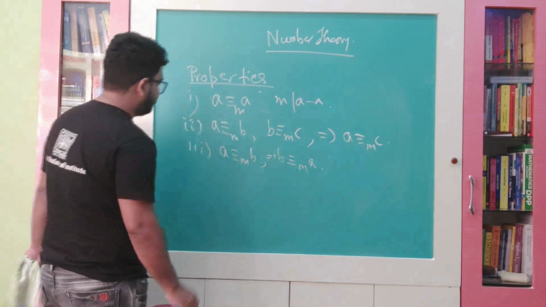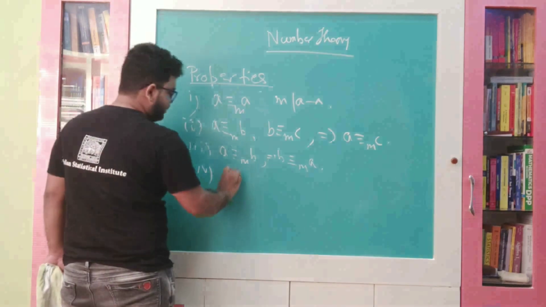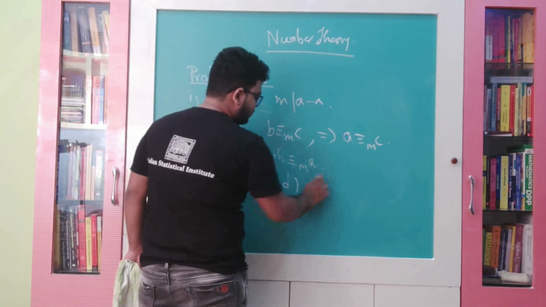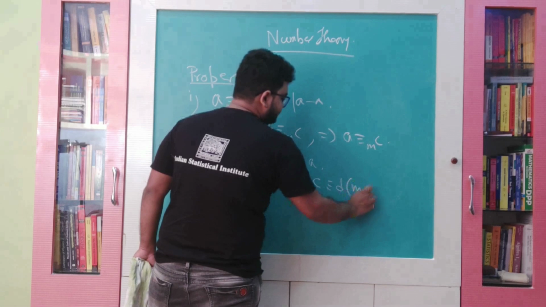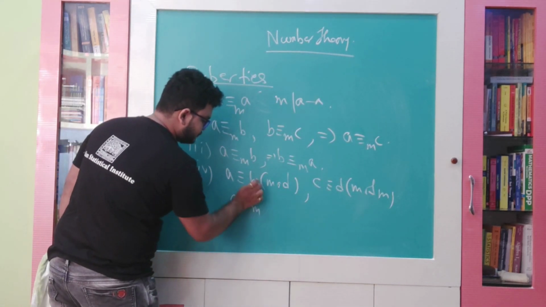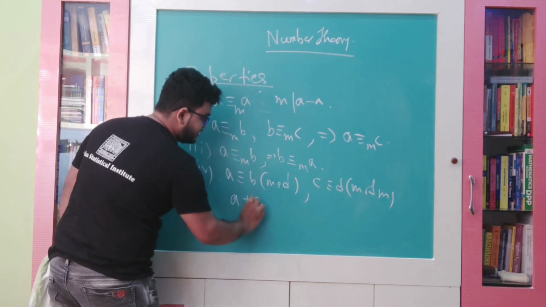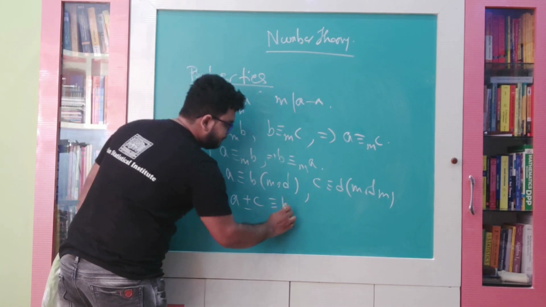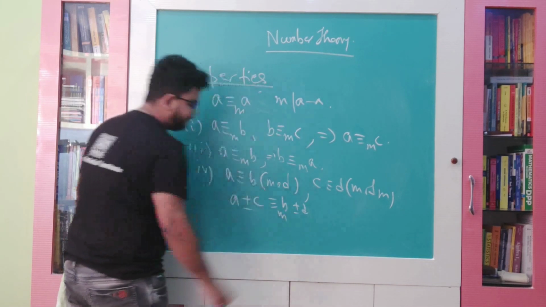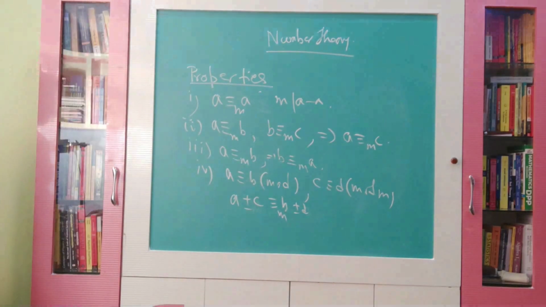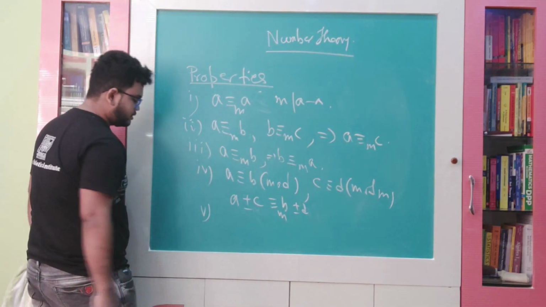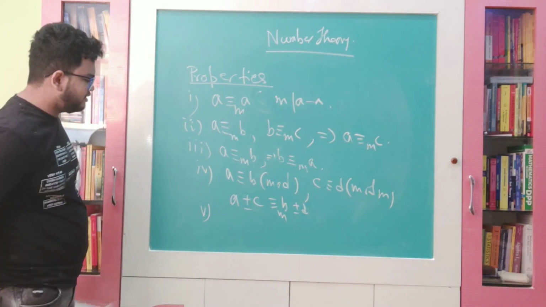Fourth property: if A is congruent to B mod M and C is congruent to D mod M, then A plus or minus C is congruent to B plus or minus D mod M. And this is not the last property, there are many properties.